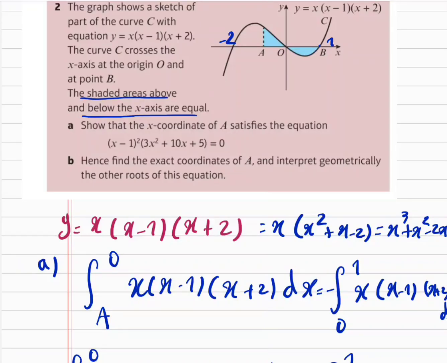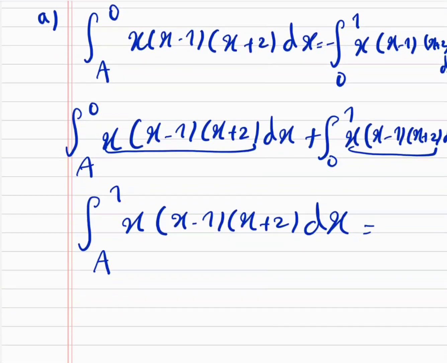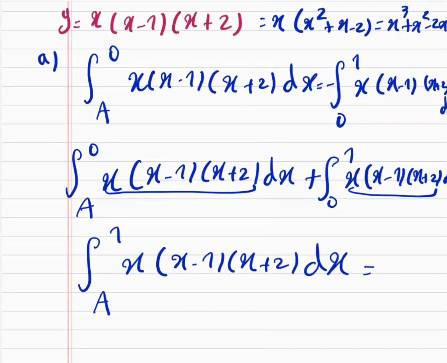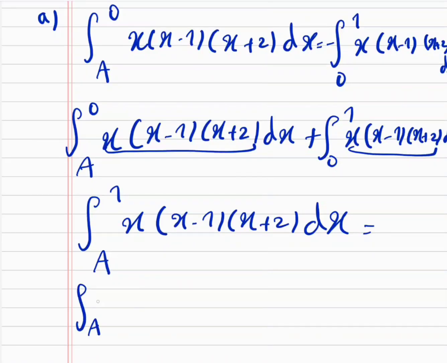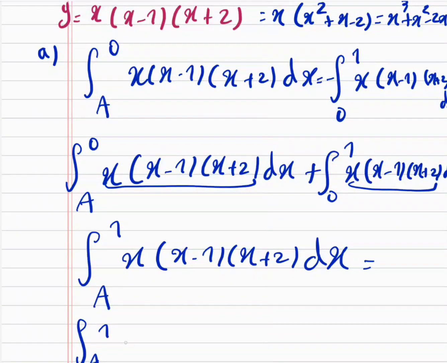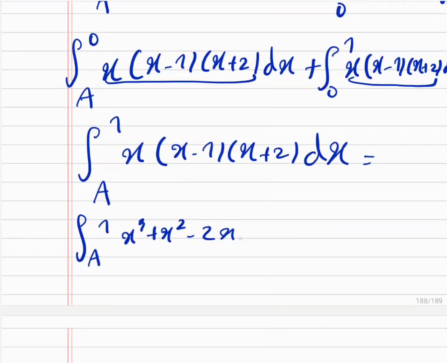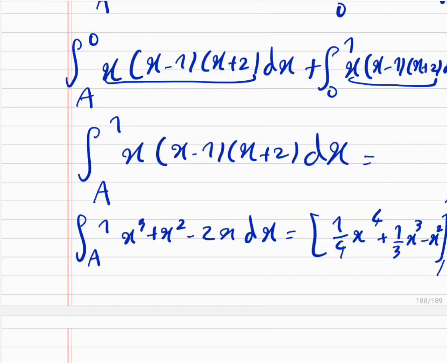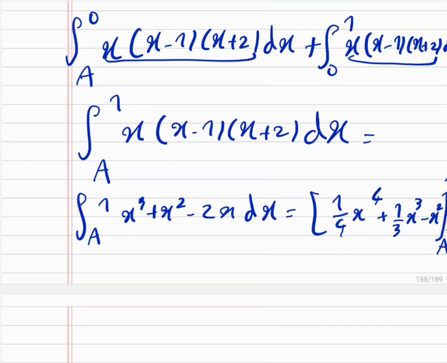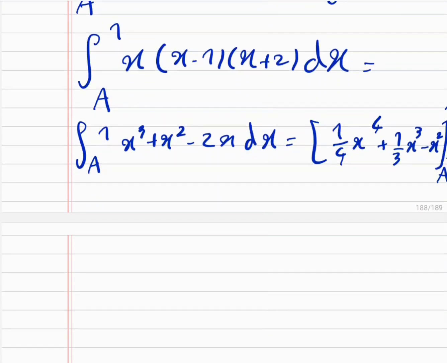Now we can simply write the integral of x cubed plus x squared minus 2x dx, and this is equal to a fourth of x to the power of 4 plus a third of x cubed minus x squared, between 1 and a. For the next part, we just substitute 1 and a.